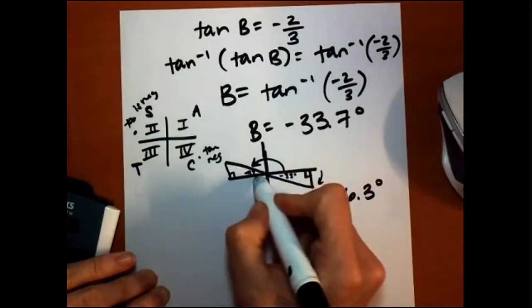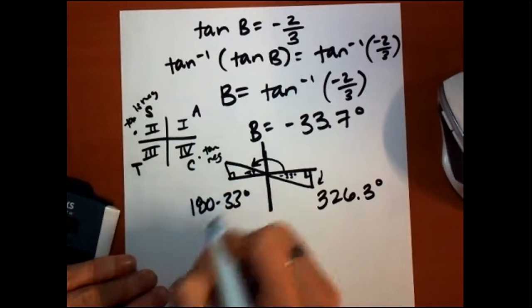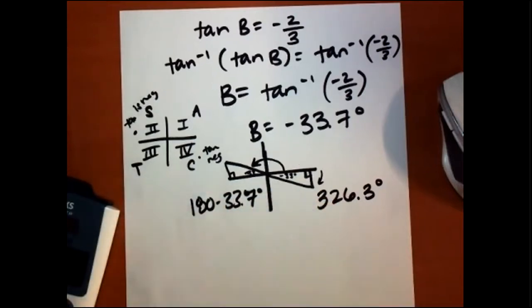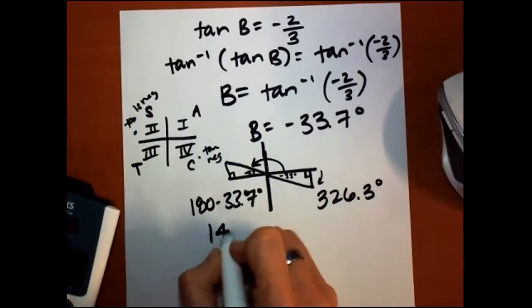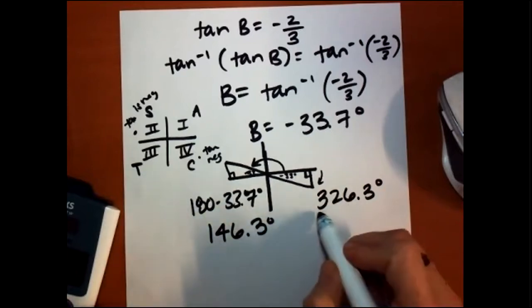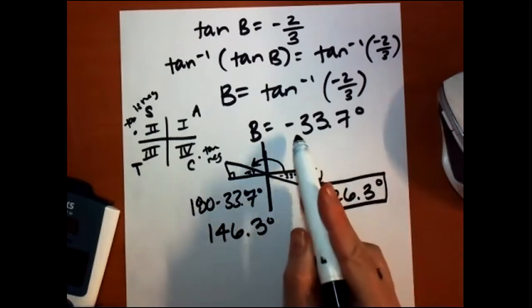It's actually going to be 180 minus 33.7 degrees. So 180 minus 33.7 degrees is 146.3.